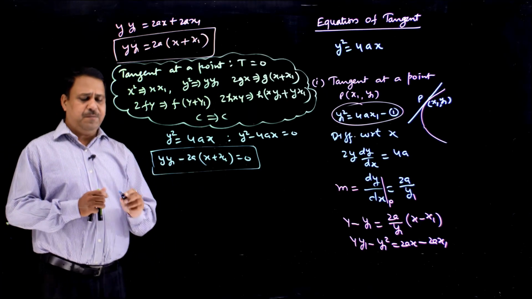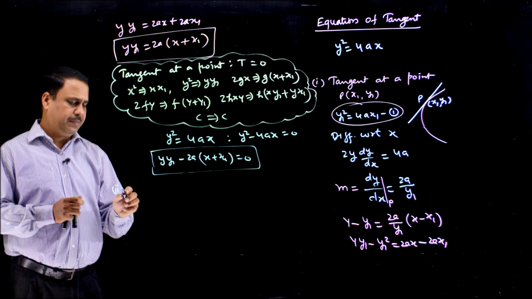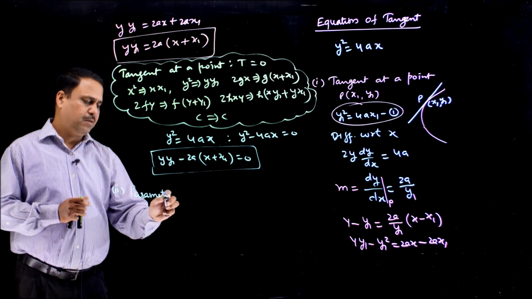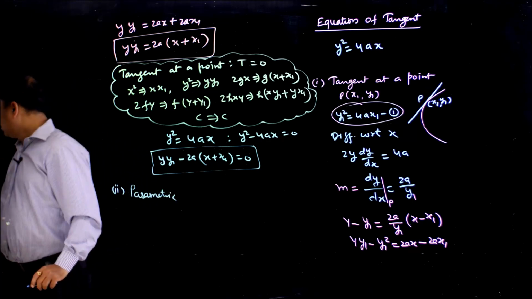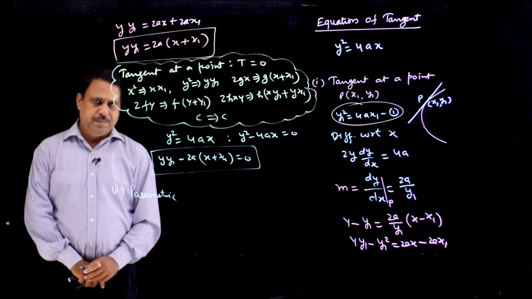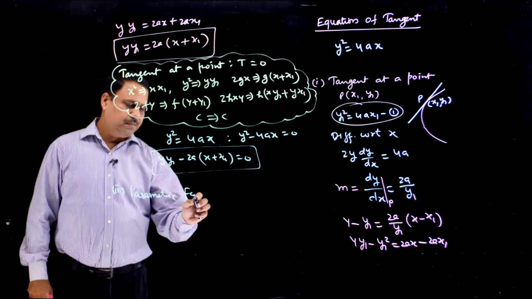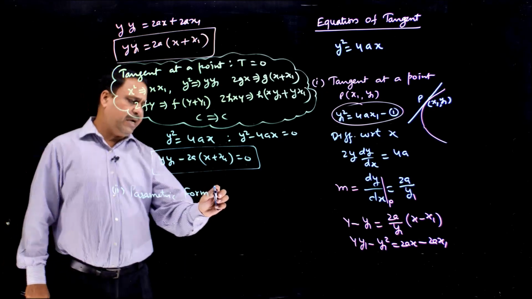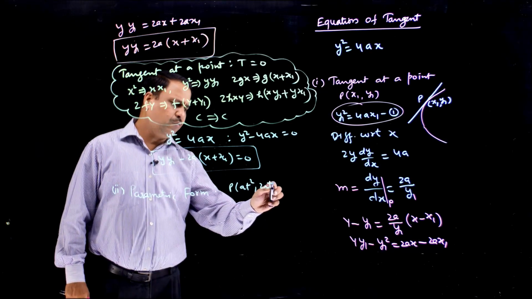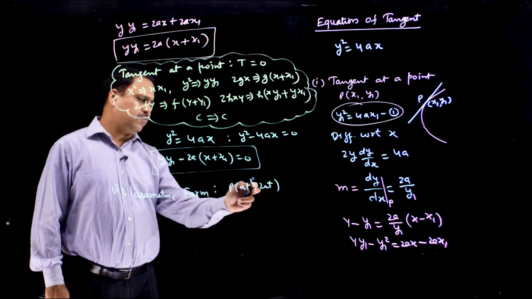From this I can derive the parametric form. That means at point P, (at square, 2at). So replace x1 with this, y1 with this.